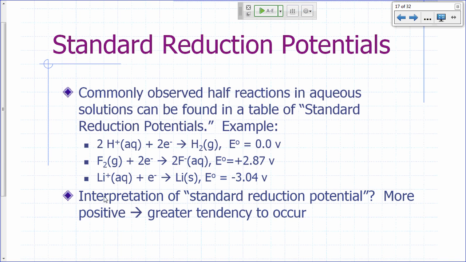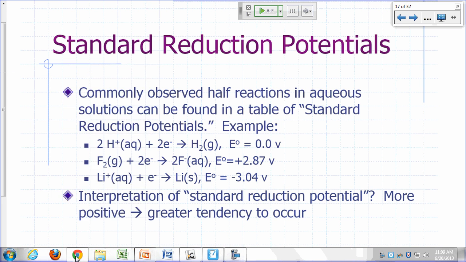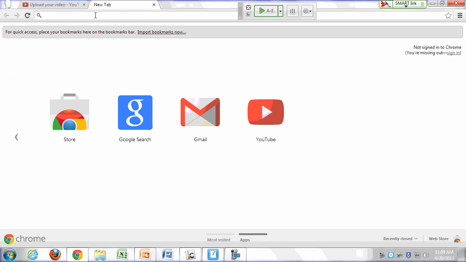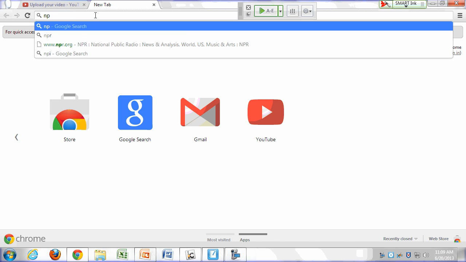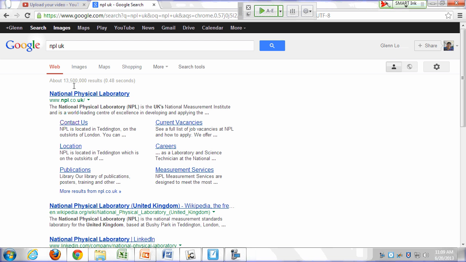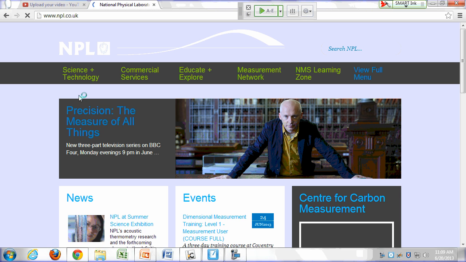One website that I like to go to that has all that information: do a search for the National Physical Laboratory in the UK, NPL UK.